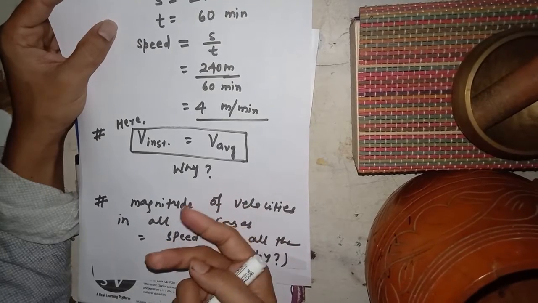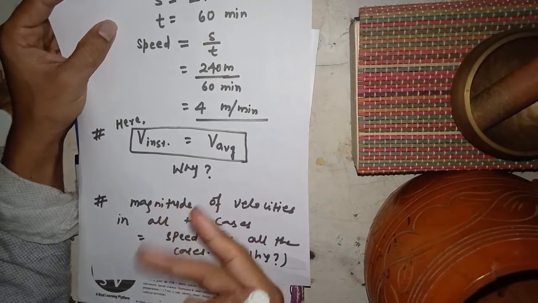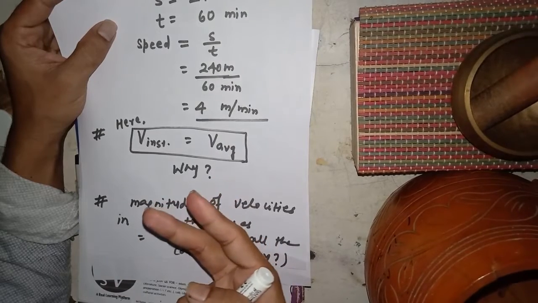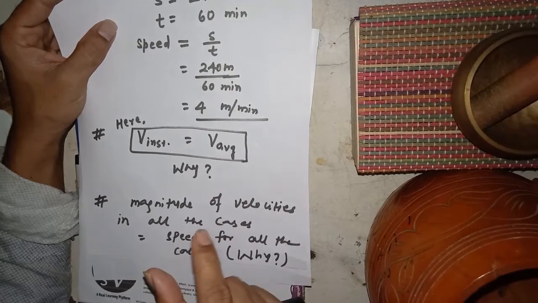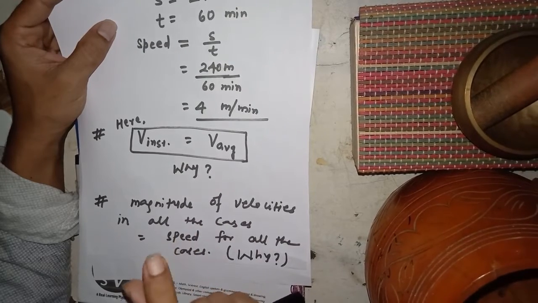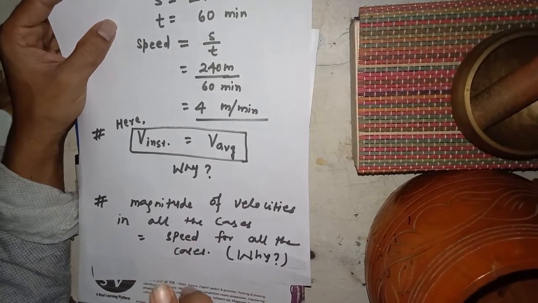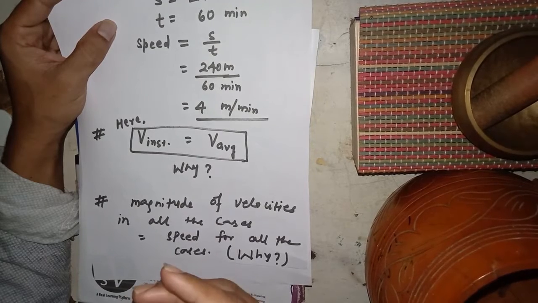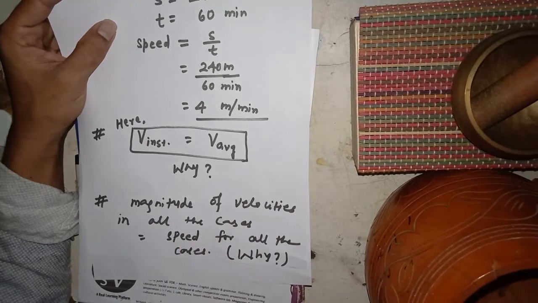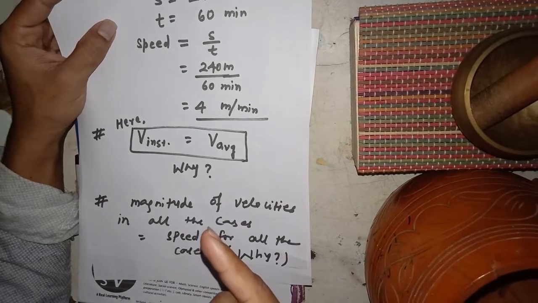Constant speed or velocity means a body covers the same distance in the same interval of time. If it covers 20 meters in 1 minute, then in any other place it must cover 20 meters in 1 minute.